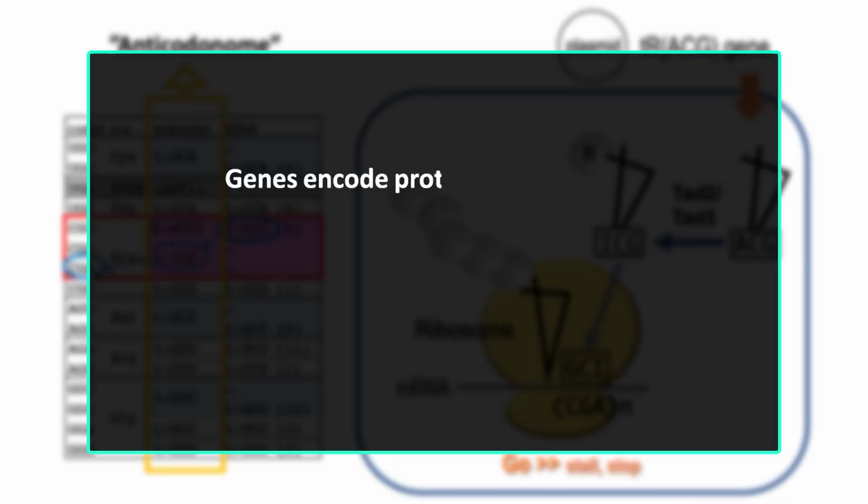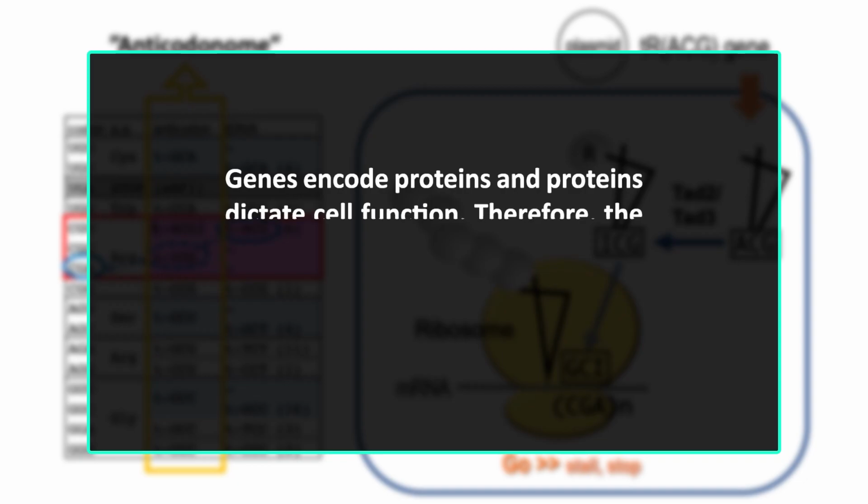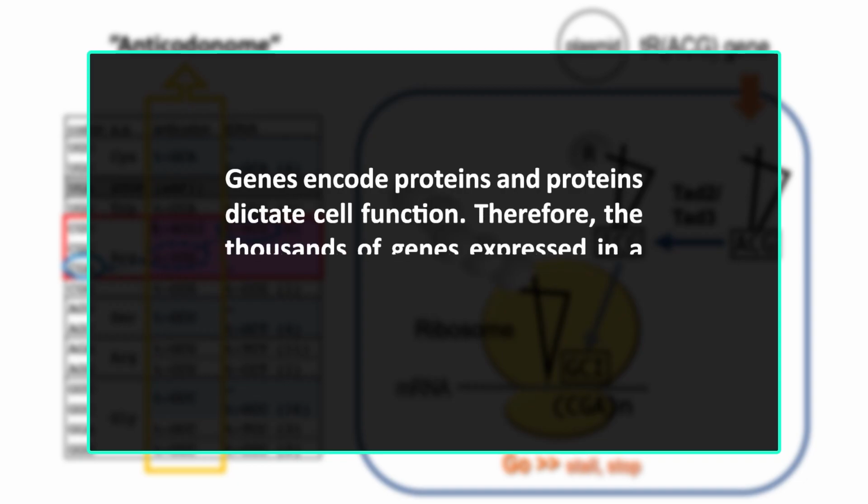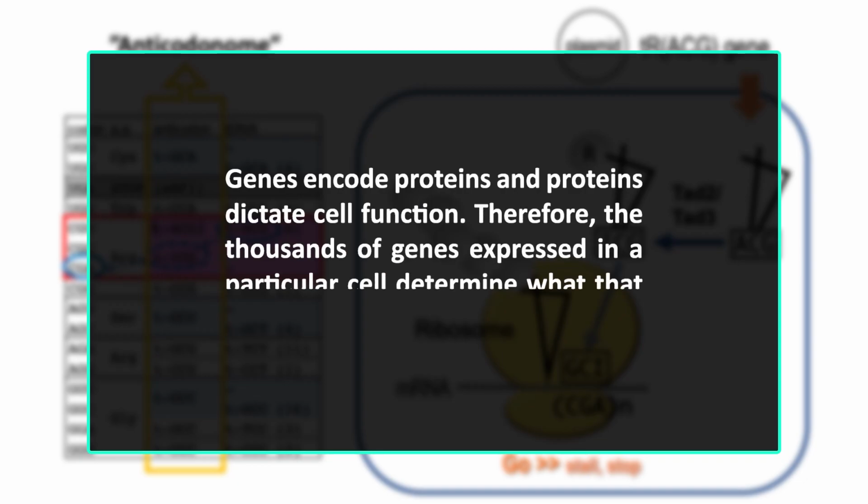If the gene encodes a protein, one might reasonably propose that expression of a gene means how much functional protein is made. Genes encode proteins and proteins dictate cell function. Therefore, thousands of genes expressed in a particular cell determine what that cell can do.